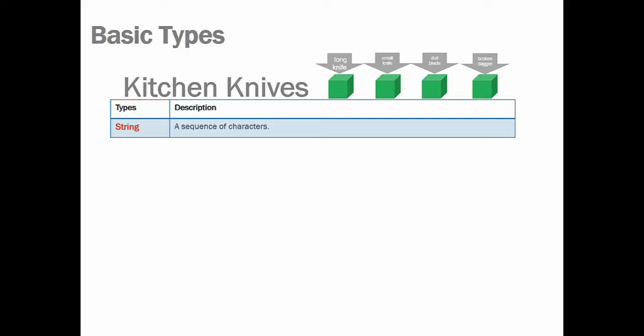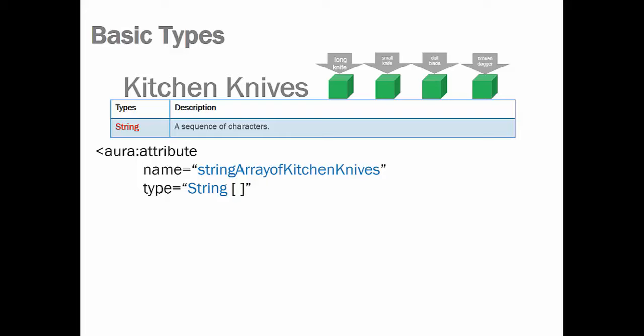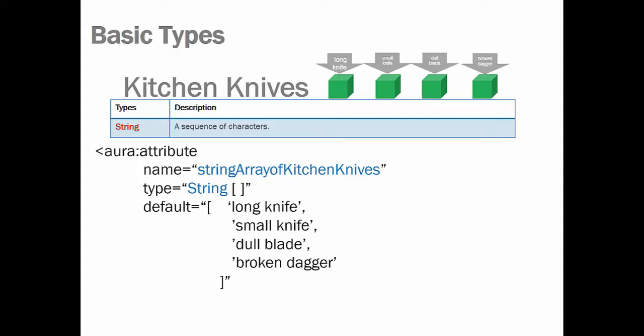The fourth one, I'll call it a broken dagger. In any case, we've got strings that represent the values that are going into these boxes. So to write out the tag, we'll create an aura attribute open tag. We'll call the name, this is a string array of kitchen knives, and you guys are getting the hang of this. So it's a string array with brackets that's showing me that it is an array.